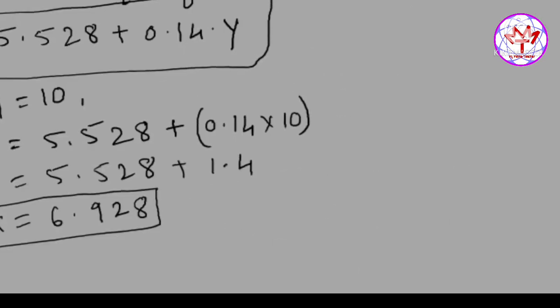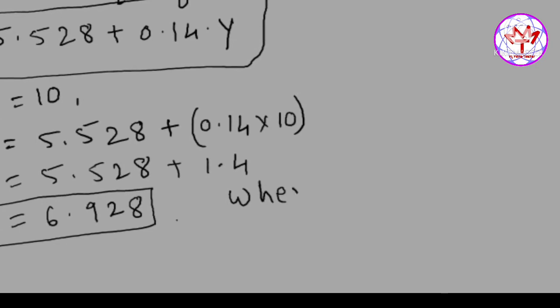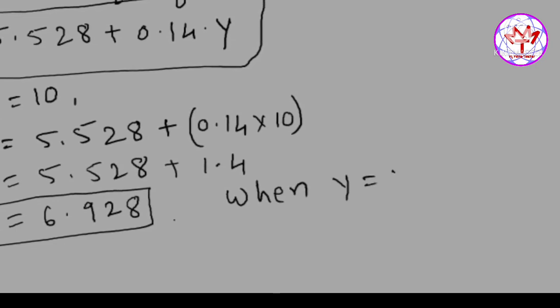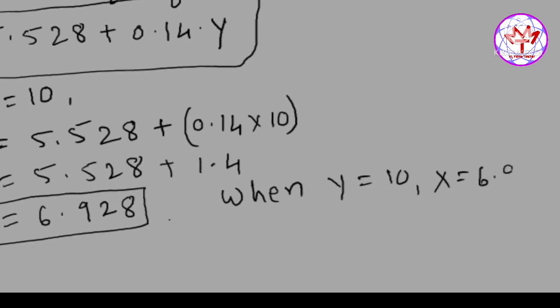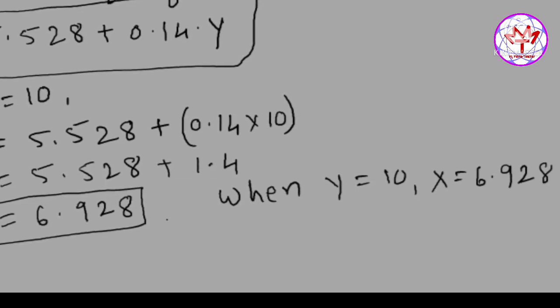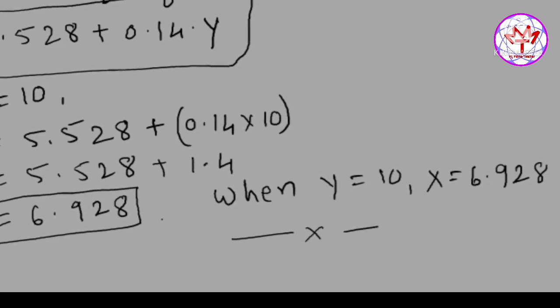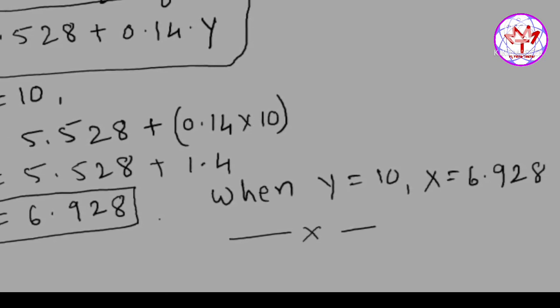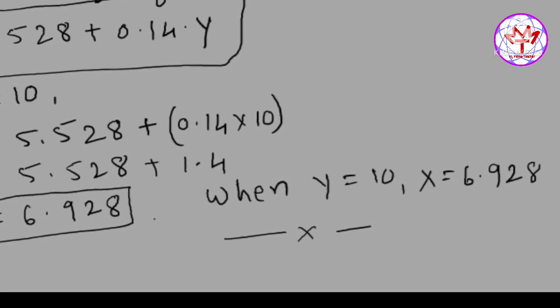So we can write when y is equal to 10, x is equal to 6.928. So this completes your question number 9. Very simple and short sum. So let's start with question number 10.